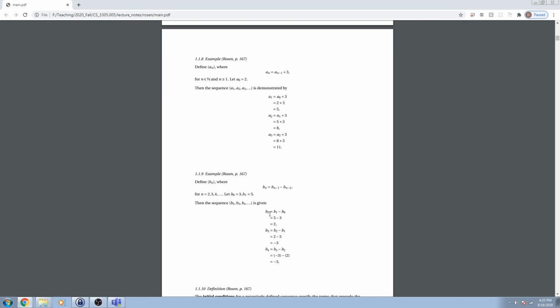So the first one that we can possibly compute now that we've been given B0 and B1 is B2, and that's just the difference between B1 and B0, which is straightforward enough. And now we can take that value and use it to compute B3, and then now that we have B3, we can use both of our computed values to compute B4, and so forth.